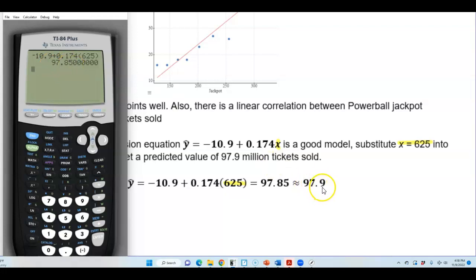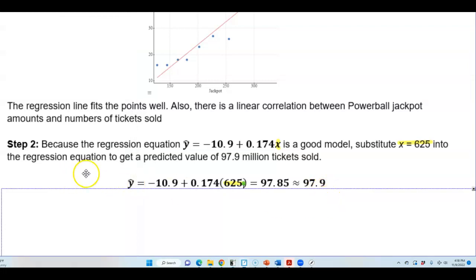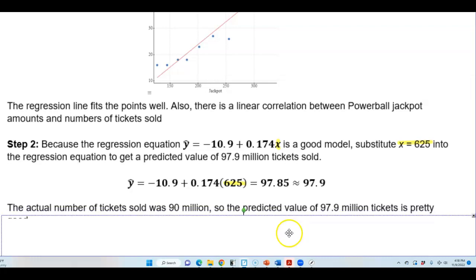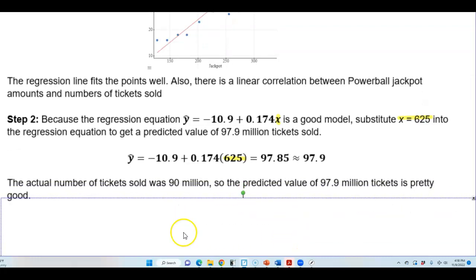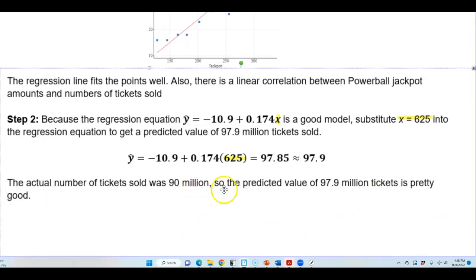If we round that to one decimal place, we get 97.9, and that gives us a predicted value of 97.9. The actual number of tickets sold was 90 million, so the predicted value of 97.9 million tickets is pretty close, or pretty good.